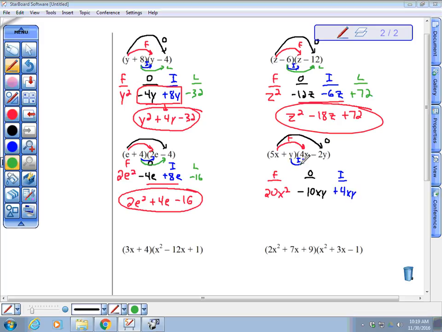And then the last terms, distributing the y throughout again, y times a minus 2y is a minus 2y squared. Combine your like terms, and you get 20x squared minus 6xy minus 2y squared.